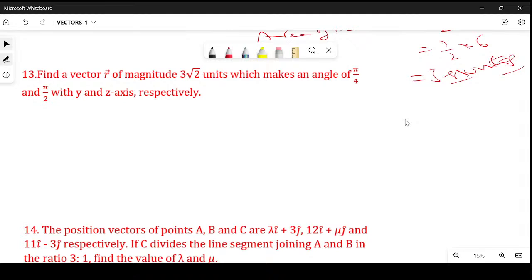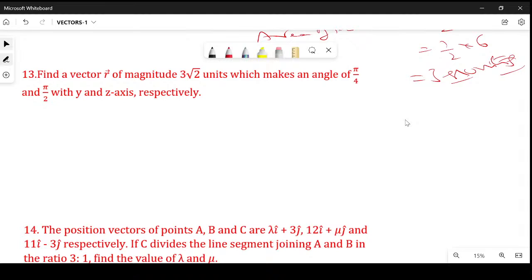With y-axis and z-axis respectively, you can remember the concept of direction cosines. They are talking about direction cosines only.